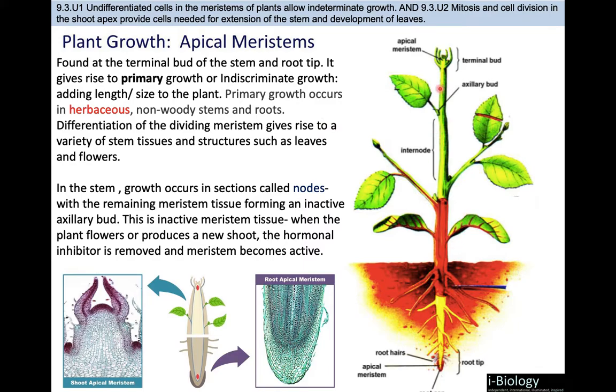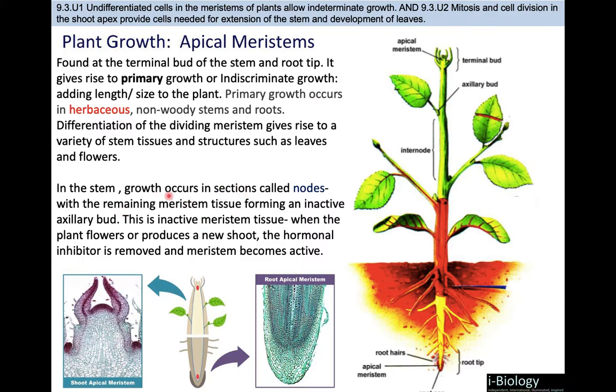This vertical growth we call primary growth. Primary growth occurs in herbaceous, non-woody stems and roots. Herbaceous would be plants that don't really have bark on the outside. Eventually, as these cells divide, they will become differentiated and become specific types of cells.